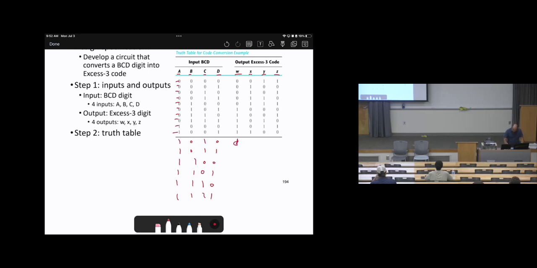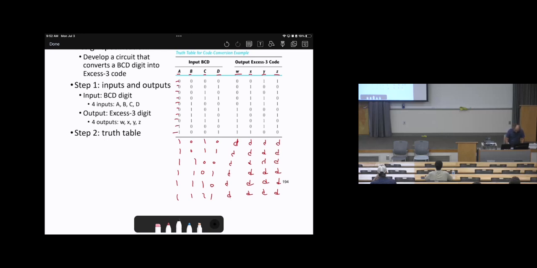Sometimes in textbooks we call them D. So when we build the truth table, any missing elements we mark as don't care.